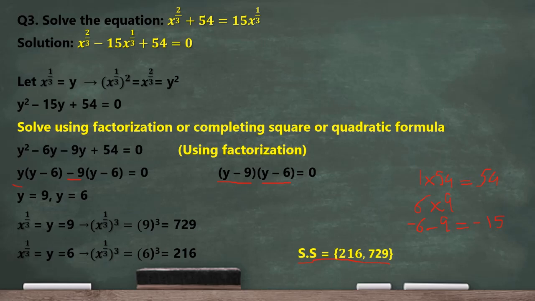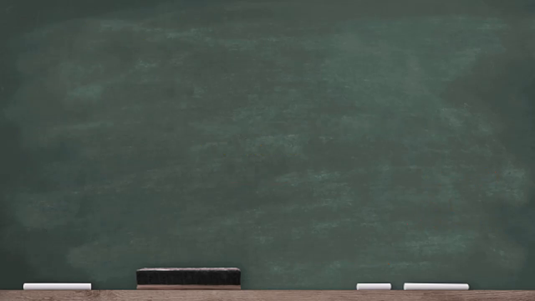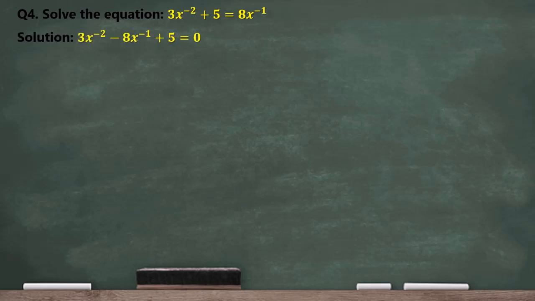Okay student, now the last question of this lecture. Solve the equation 3x raised to the power minus 2 plus 5 equal to 8x raised to the power minus 1. Again, same technique. Let x raised to the power minus 1 equal to y.